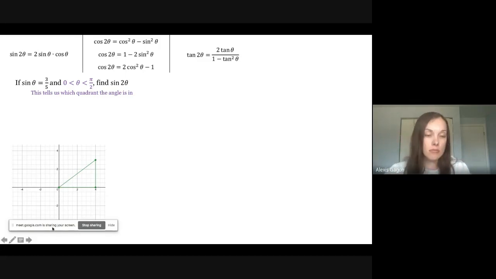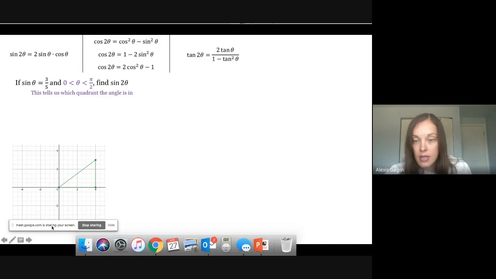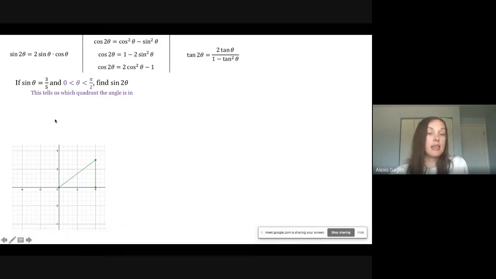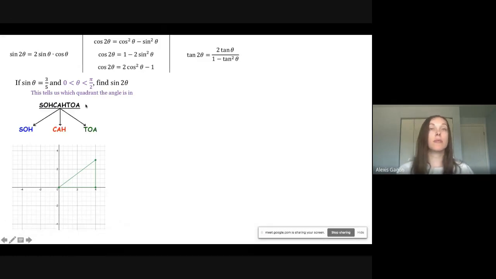Okay, and then sine, if you remember back to SOHCAHTOA, is opposite over hypotenuse. So here's our angle. The angle is always with the x-axis. It's where the reference angle is, like if you remember back to when we were doing reference angles. So that means the opposite side is 3, and the hypotenuse is 5.